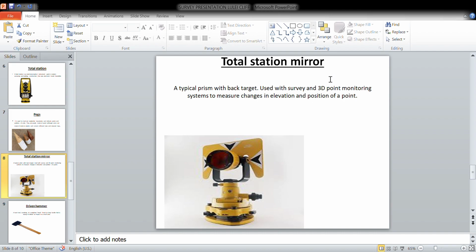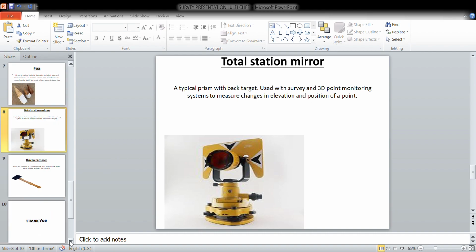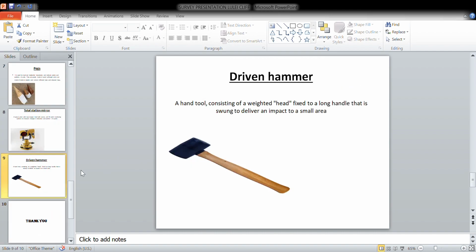After knowing the definition and function of the total station mirror, we shall proceed to defining the driven hammer. This is a hand tool consisting of a weighted head fixed to a long handle that is swung to deliver an impact to a small area. I think this is self-explanatory, as you can see in your diagrams.